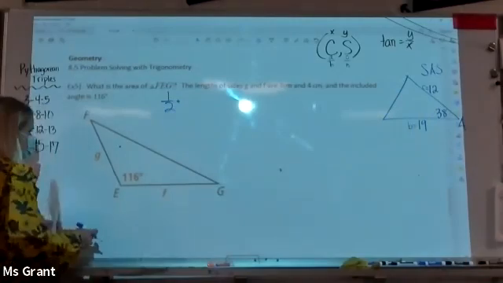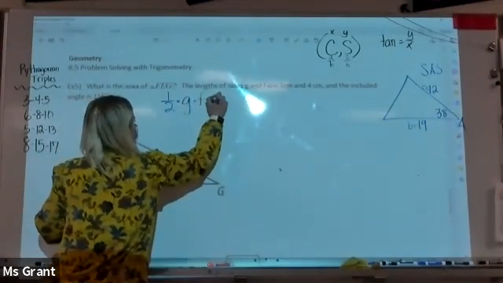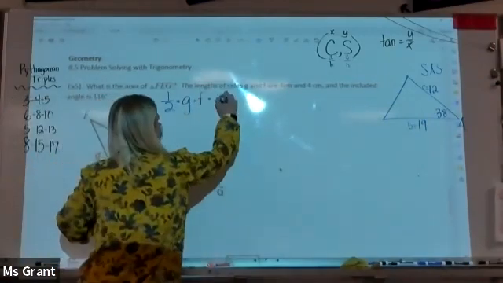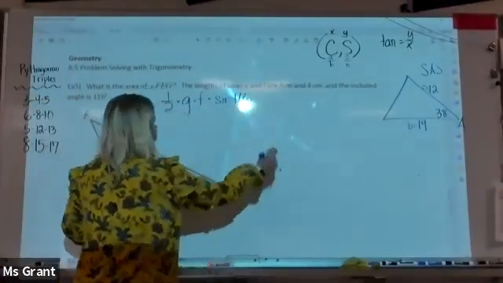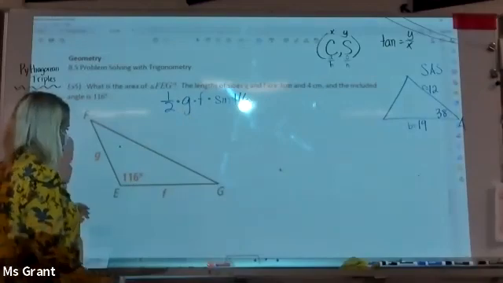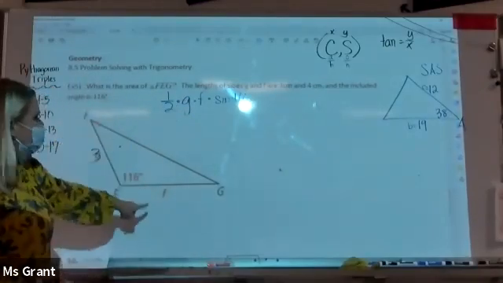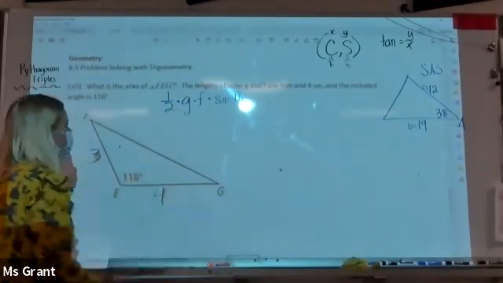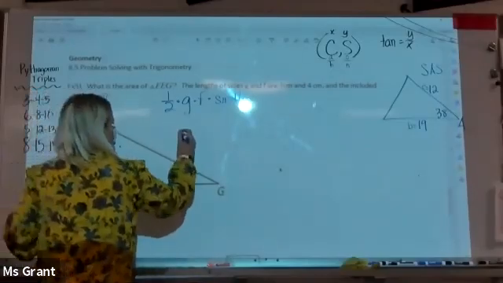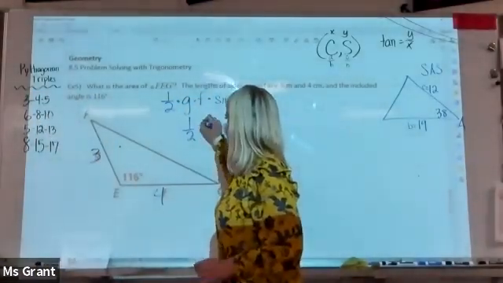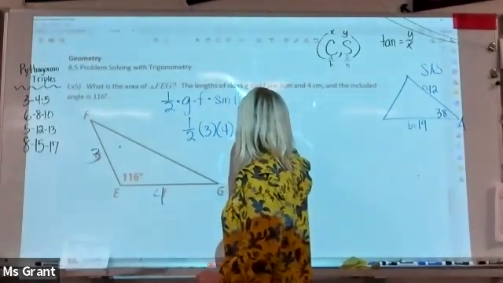G times F times the sine of 116. Well, G is 3. F is 4. One half times 3 times 4 times sine of 116 degrees.